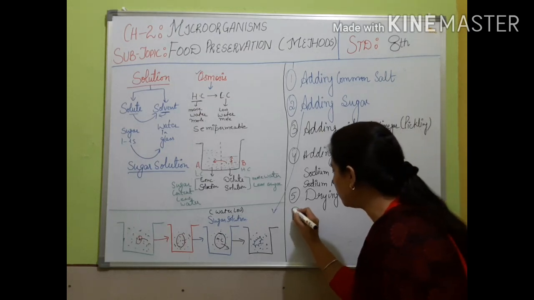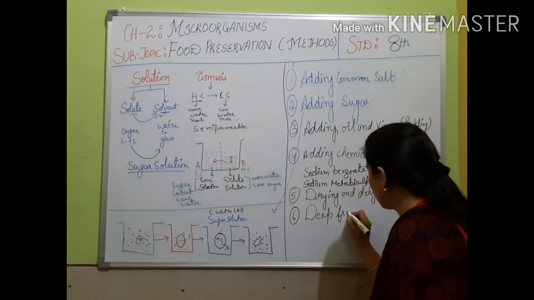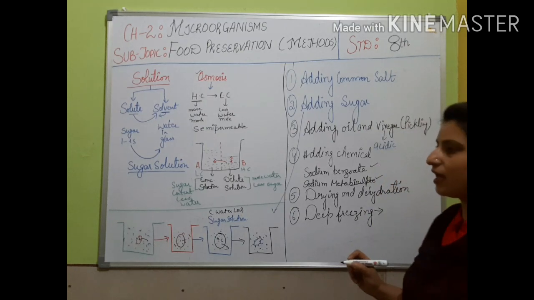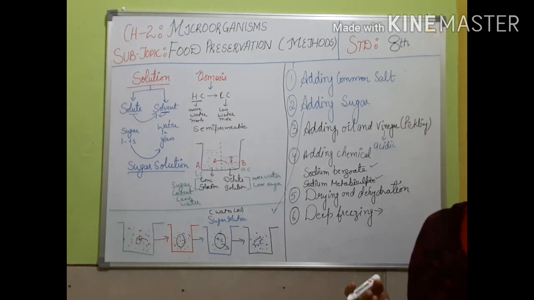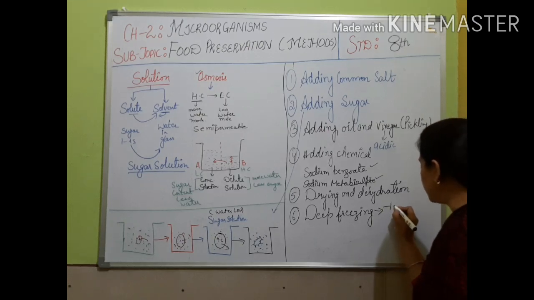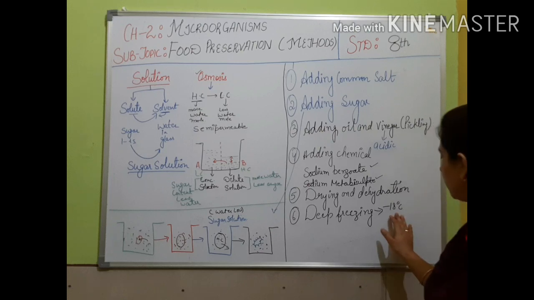Now the next method is deep freezing. In deep freezing, what is going on? The food material is frozen to a very low temperature, that is up to -18°C, and at -18°C, what is going on?